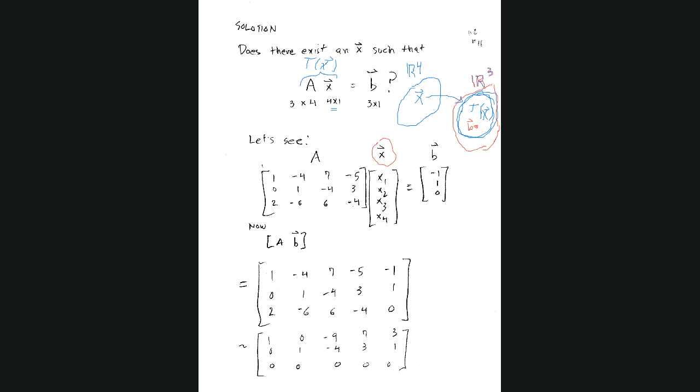If you do row operations on this, you'll see that the augmented matrix AB reduces to this augmented matrix in reduced echelon form. Last time we talked about how you can use MATLAB to get a matrix in reduced row echelon form.